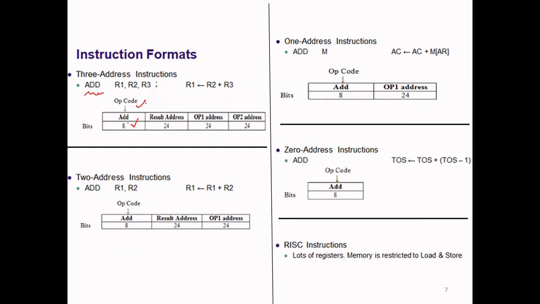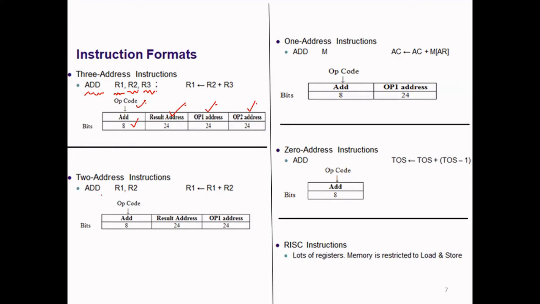This is opcode 8 bits, and then for R2 there is the operand 1 address, for R3 there is the operand 2 address, 24 bit address, and to store the result there is once again a result address. 24 bits is the address. In that address the data is available, right? So this is the 3 address instruction.